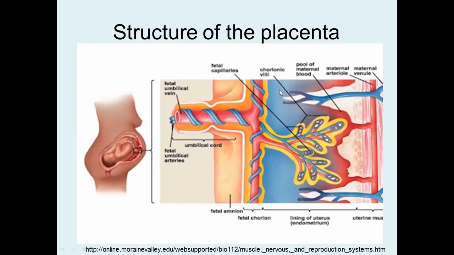So this brings the maternal blood into close contact with the chorion, which enhances the uptake of substances from the fetal blood to the maternal blood, and from the maternal blood to the fetal blood, because there's close contact between the maternal blood and the chorionic villi.